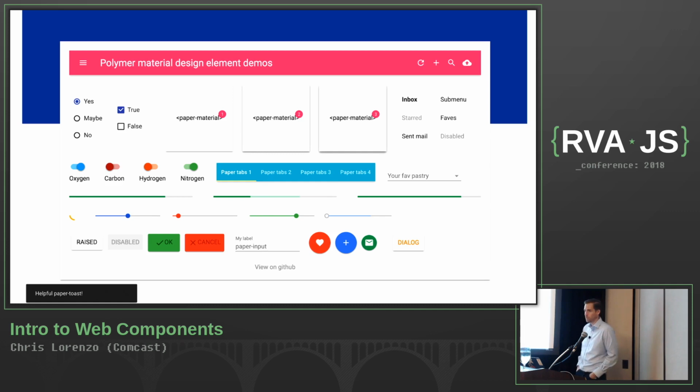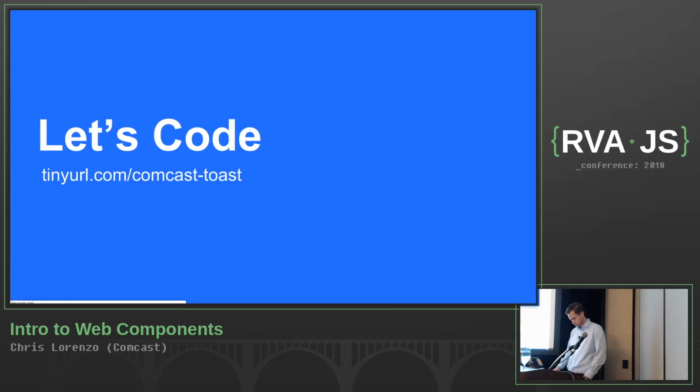You can actually build full websites just using paper elements. So you have paper dialog, paper tabs, paper buttons, paper fabs, paper toggles, and literally to get one of those things in, you just import it on the page, and then this is paper toggle. It includes the styles, everything, and it's very easy to use.